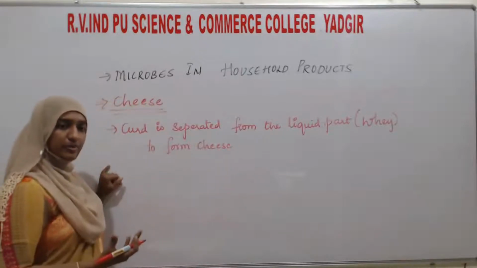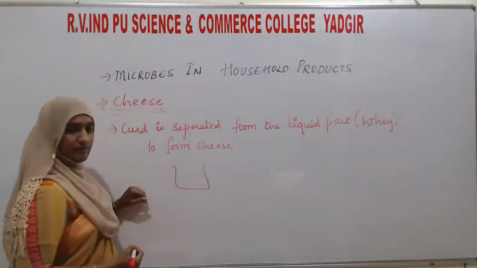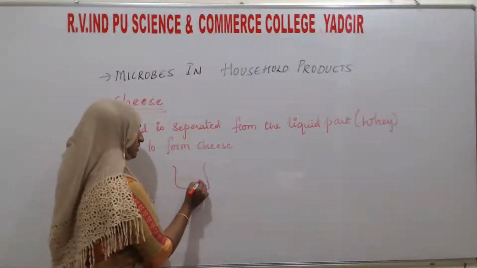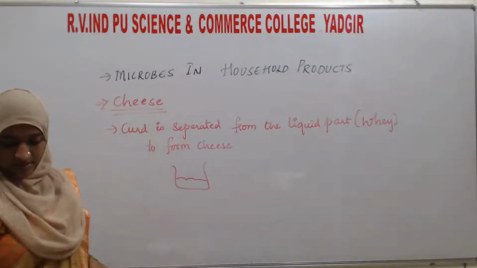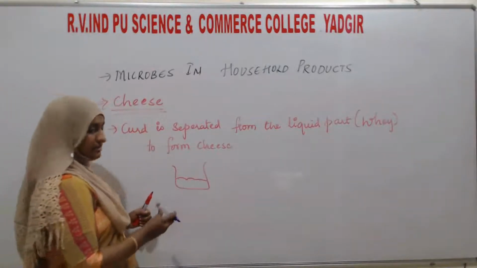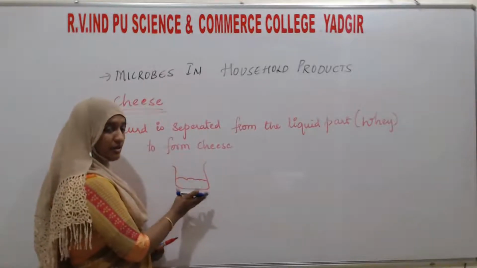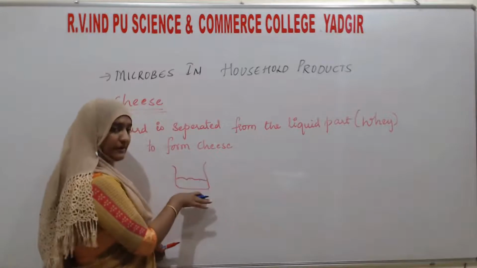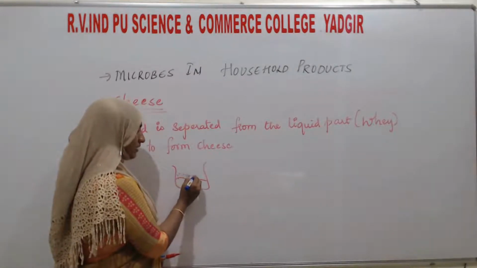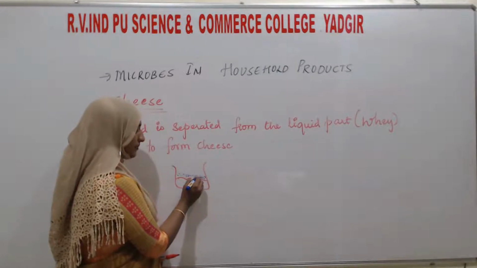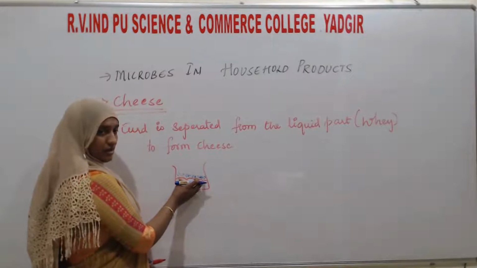See, when the curd is prepared, this is the container in which the curd is present. This is the curd. Here you can see the solid part of the curd has settled down, and some liquid part remains after preparation of curd.